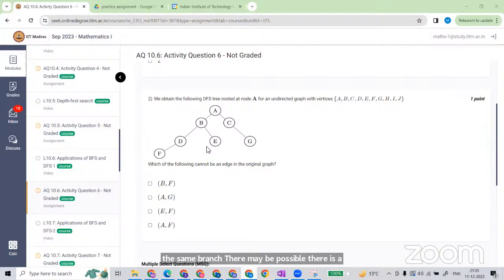Suppose from A you started B, then D, then F. If there is an edge between A and F, you cannot connect it in the DFS tree, because from F you have already visited A. So it could still be in the original graph.